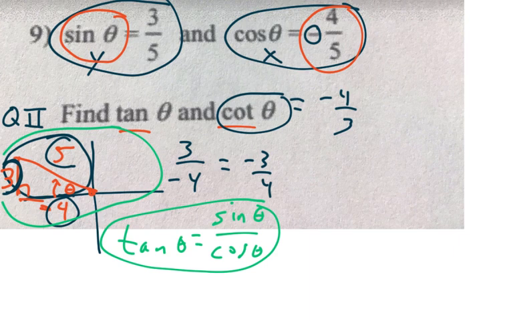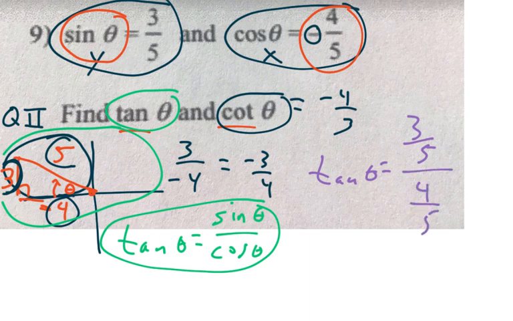So you ready? How would I find the tangent of theta? Well, I know that the tangent of theta is simply sine over cosine. Now here's a cool little trick you should learn. Since my denominators are both 5, I'm going to times both top and bottom by 5, cancel them out. Oh, I messed up.